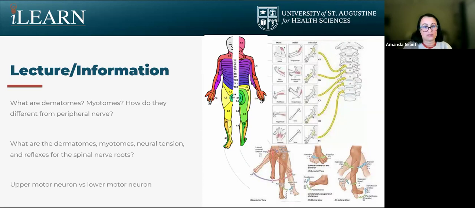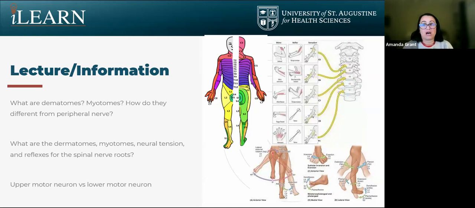Lower motor neurons, when those nerve roots are injured, present with hyporeflexia. So that's going to be your typical triceps, biceps, brachioradialis, patellar, Achilles reflex. And if the nerve root has been injured, those would be hyporeflexive, so less bouncy, or even absent maybe.